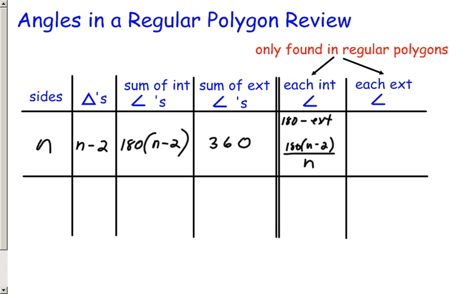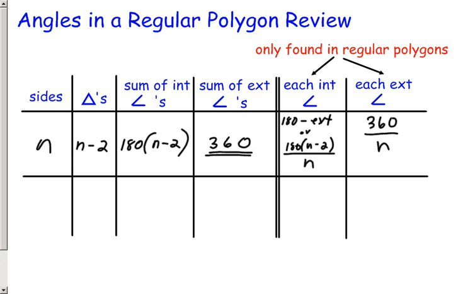Those are your 2 ways to find each interior angle. Each exterior is pretty simple: 360 divided by the number of sides. I know this because all the exteriors always add to 360, and if you have n of them, all the same, you get 360 divided by n for each.